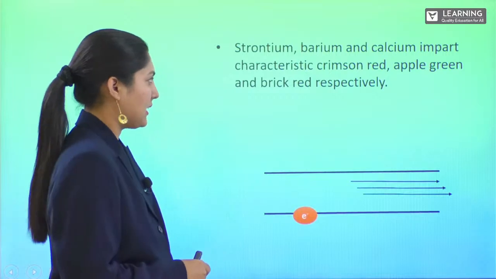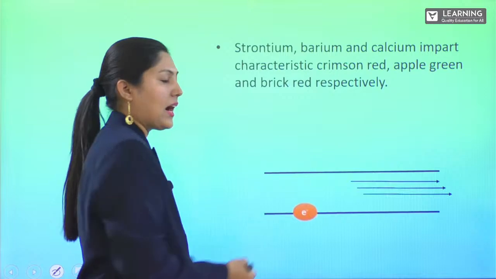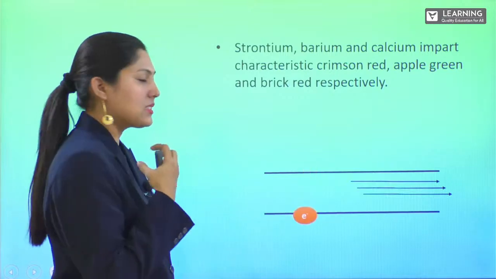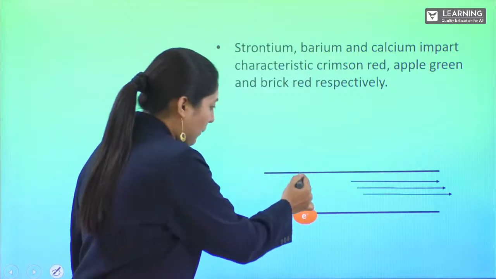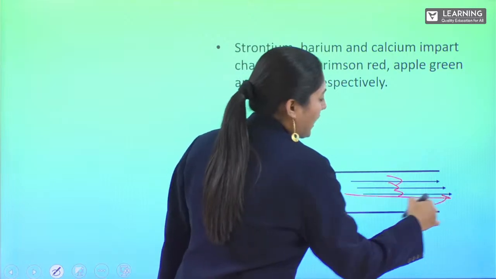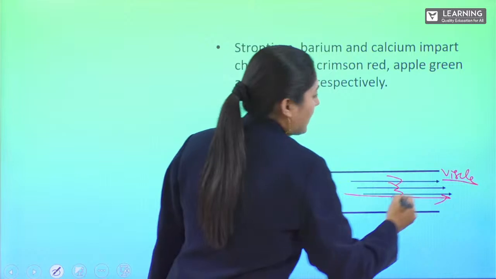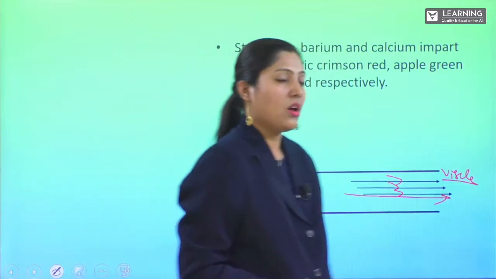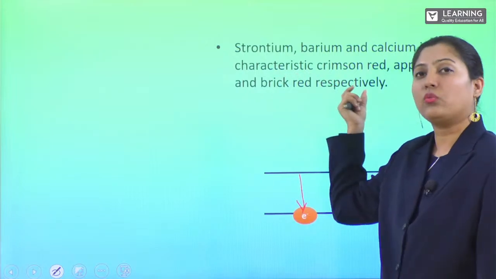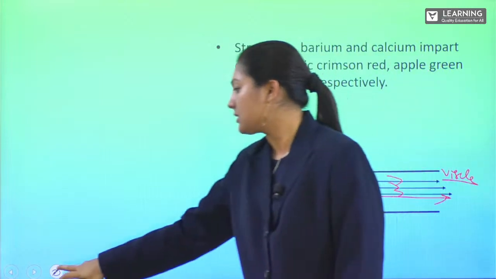What happens exactly is that the electron in the ground state jumps to a higher energy level by absorbing some energy, and when it comes back, the energy is given out, and this is in the visible region. When these are in the visible region at different wavelengths, we can easily identify their colors.